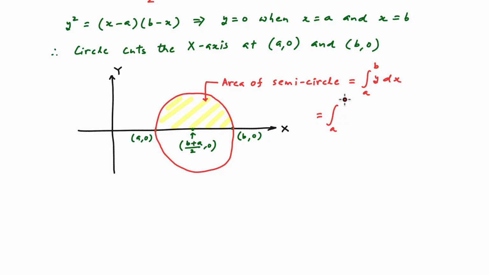And this is equal to the integral from a to b of the square root of (x minus a) times (b minus x) dx. But notice that this is exactly equal to I, the integral that we were given at the start. Therefore, I is nothing but the area of the semicircle.